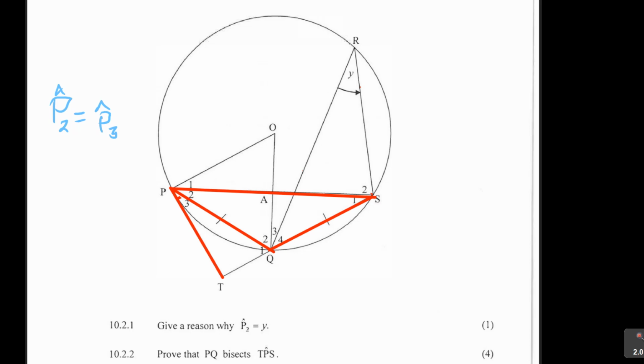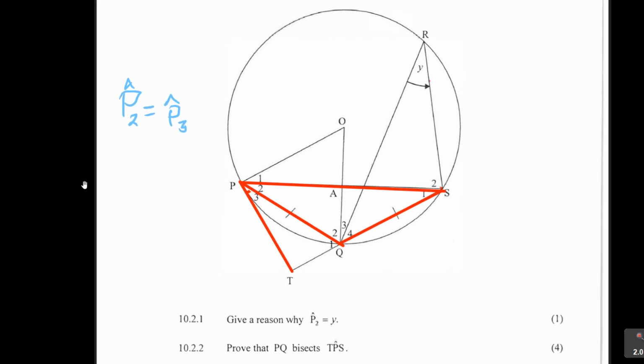Now, let me just remind you of the tan chord theorem here. Say I have a circle, like this is my circle, and then I have a point here, and I have a line which is a tangent that touches that. Remember that.